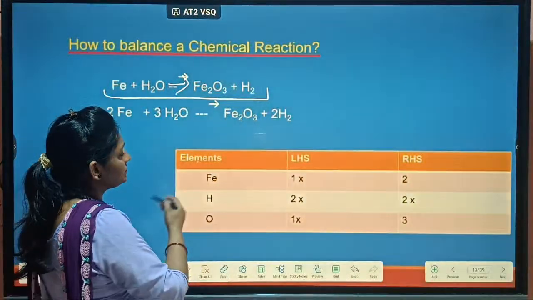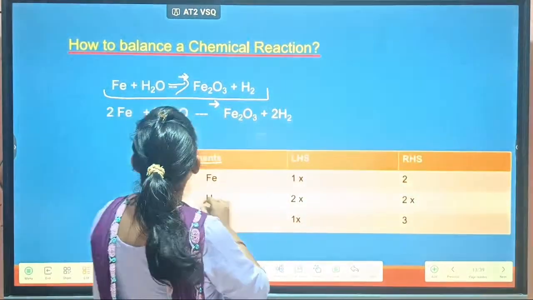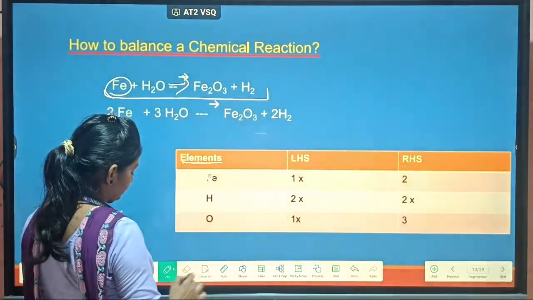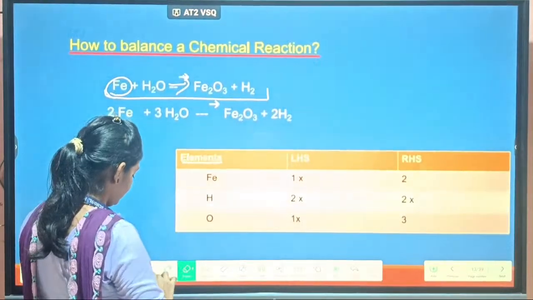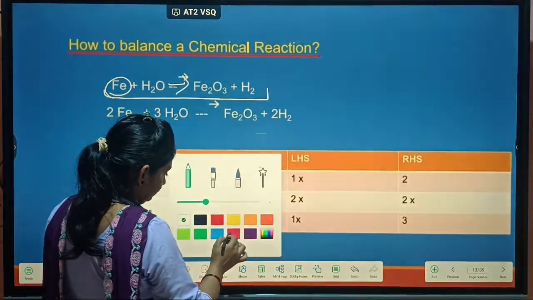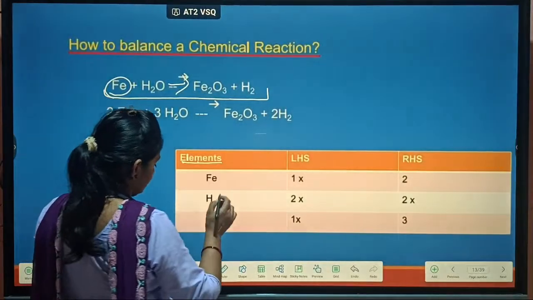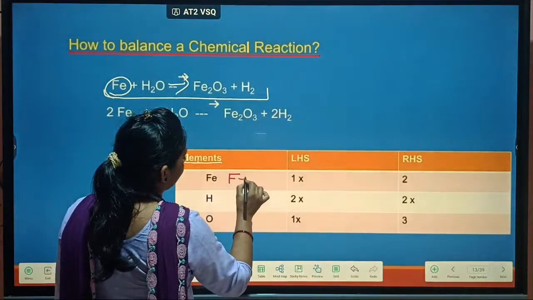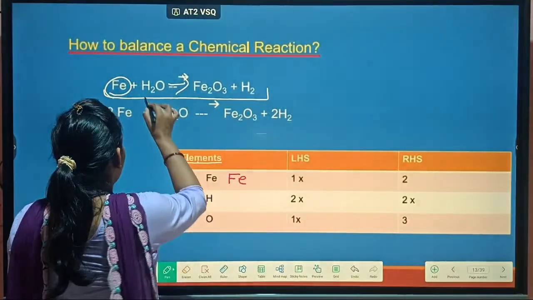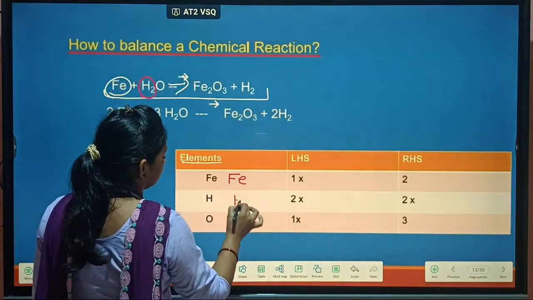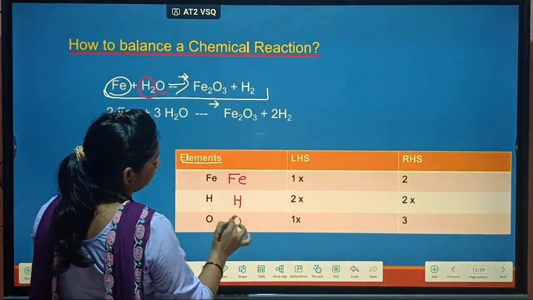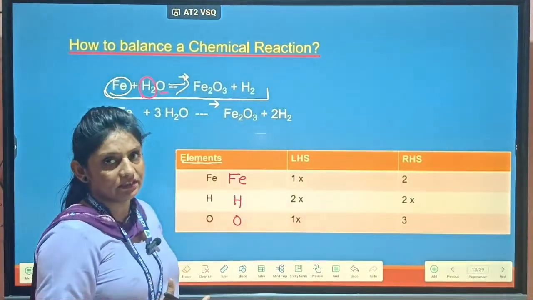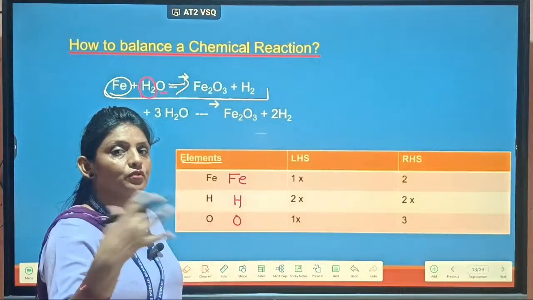Here, the elements you have are iron, Fe, hydrogen and oxygen. Now students, you will write the number of the elements in the reactant side and in the product side.